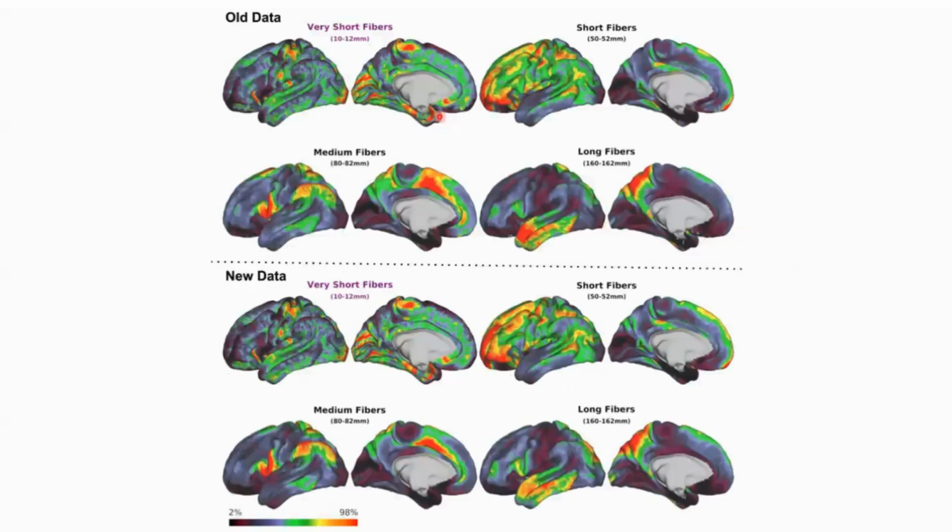And then they show this example of the old data, the cortical tract maps I was talking about. They show on each vertex the distribution of the tract lengths. So if you see a heat map here, that means this portion of the cortex has a lot of short fibers. This portion has a lot of long fibers.